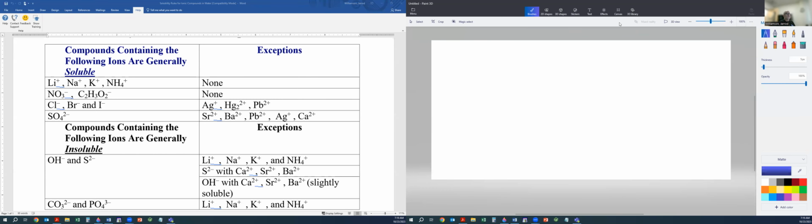I'm going to show you briefly the thinking behind the solubility chart, or excuse me, the qualitative analysis lab. Let's say I have here my test tube with my unknown in it.